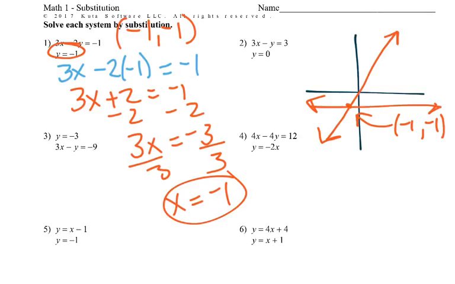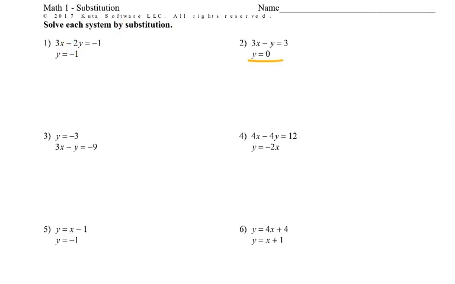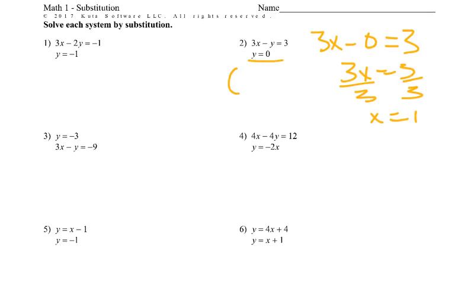Okay, so let's take a look at number 2 now. So now we've got y equals 0, so I replace the y, I substitute 0 in for the y. And then I solve. I get 3x equals 3. Divide by 3, and x equals 1. So my x value is 1, and my y value is 0. So the solution to those two equations is 1, 0. Okay, number 3. I've got y equals -3.